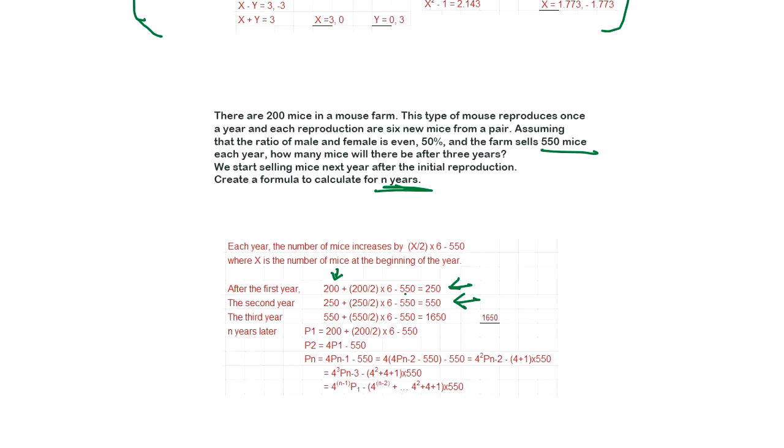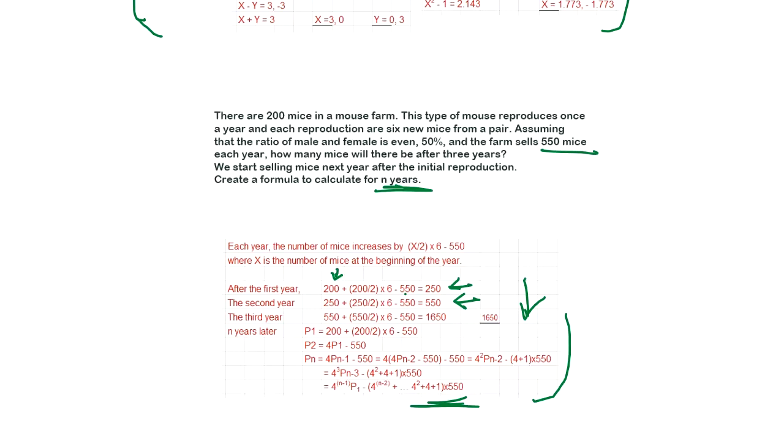The third year 550 becomes 1650. N years later, you deduce this formula by n, right? Okay, so if you do this, this is the formula, and I guarantee you get a lot of mice at the end.